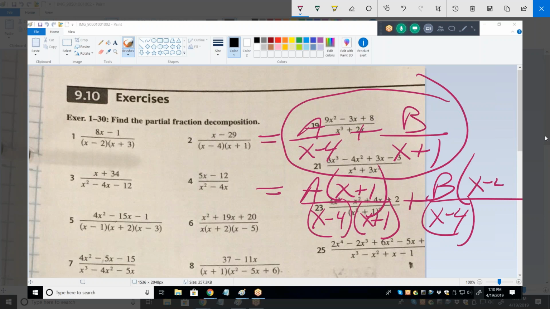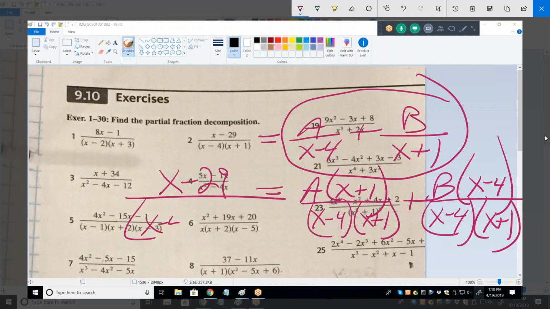That's right. And we know that that's equal to (x plus 29) over (x minus 4)(x plus 1). So the denominators kind of cancel out, right? So let's just get rid of those.